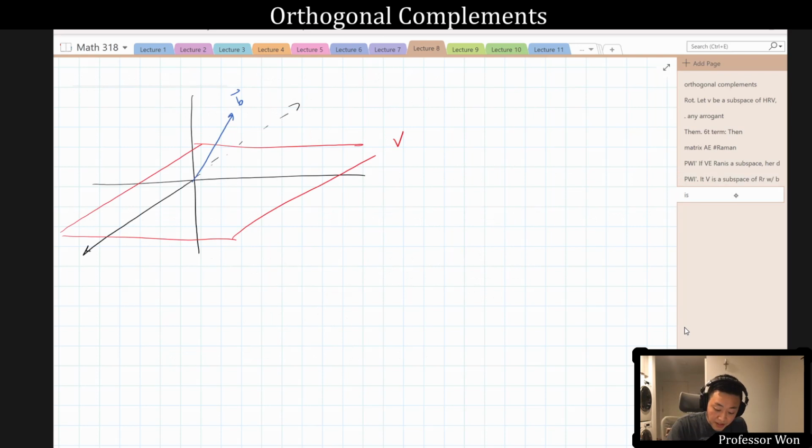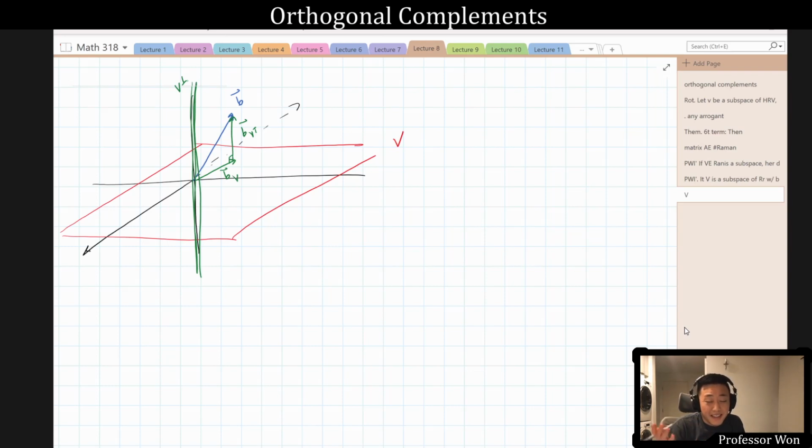Well, you can, right? So if I drop this line down here to a right angle to my vector space, then I can write this vector is BV, and this vector is BV perp. And you'll notice that BV perp is, in fact, inside the orthogonal complement. This thing is V perp.